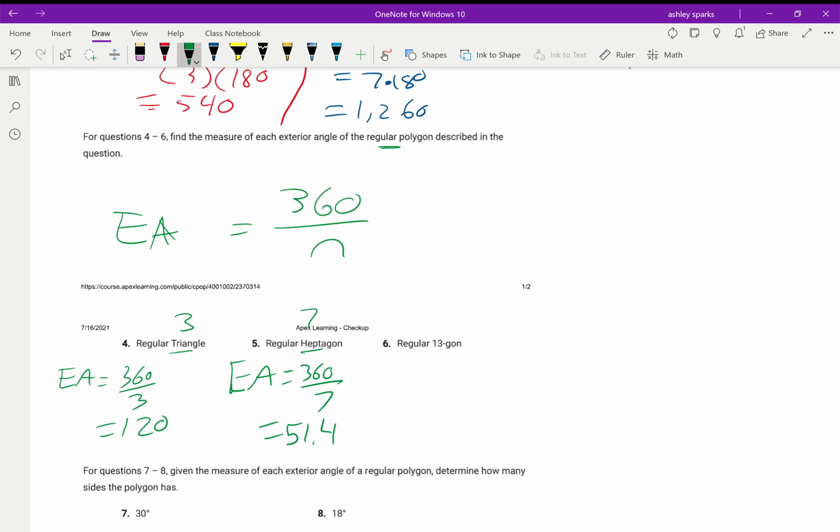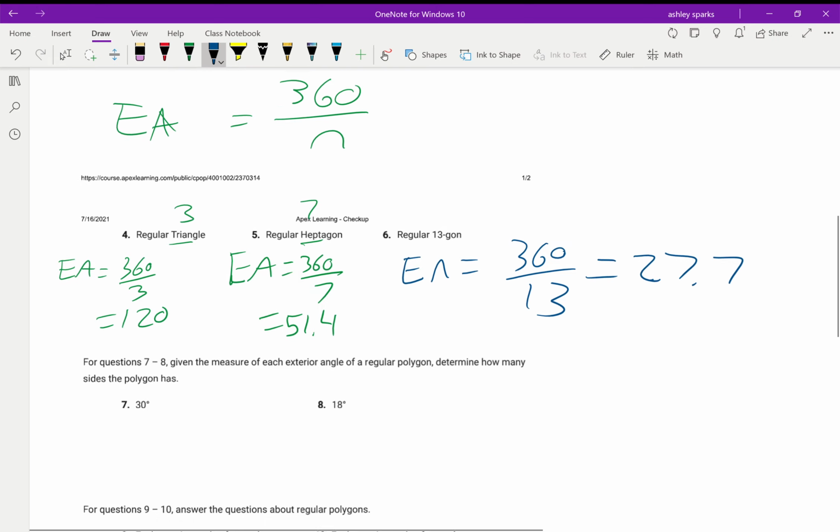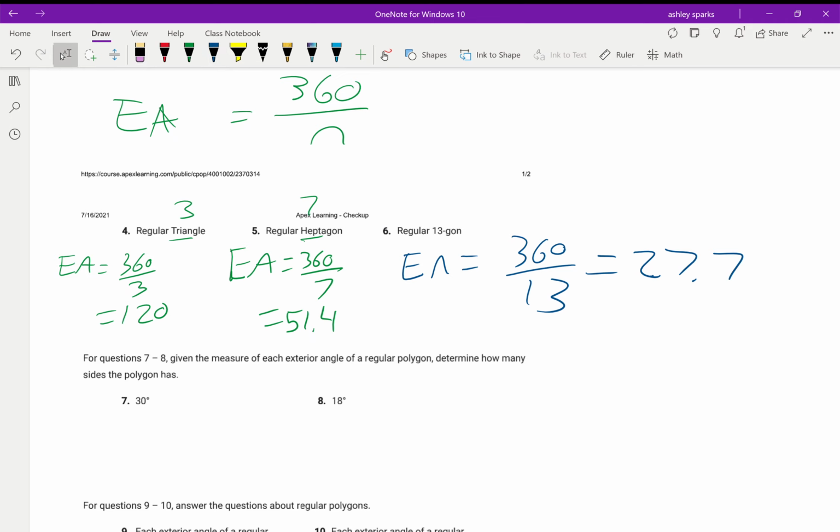This one is a little irrational, so just round it to your nearest spot. Last but not least, exterior angle will equal 360 divided by 13, which gives me 30. Oh, sorry, that's 12. I typed in the wrong number. That is 27.7. Again, we have something with a lot of decimals, so just round.